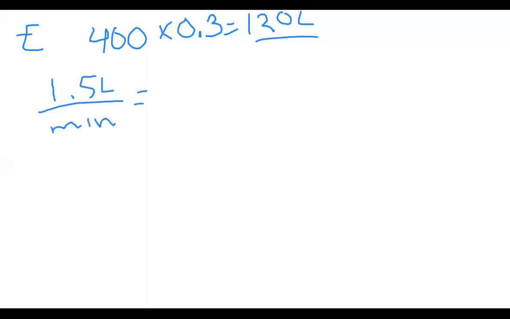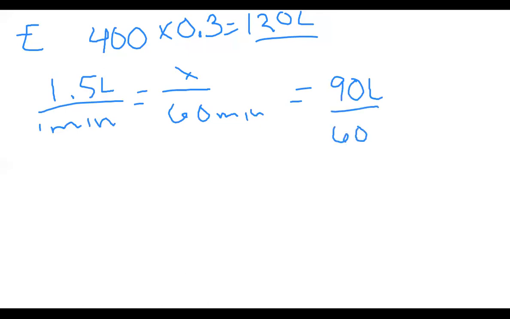How much oxygen is used at this rate in 60 minutes? 1.5 times 60 divided by 1 equals 90 liters in 60 minutes.